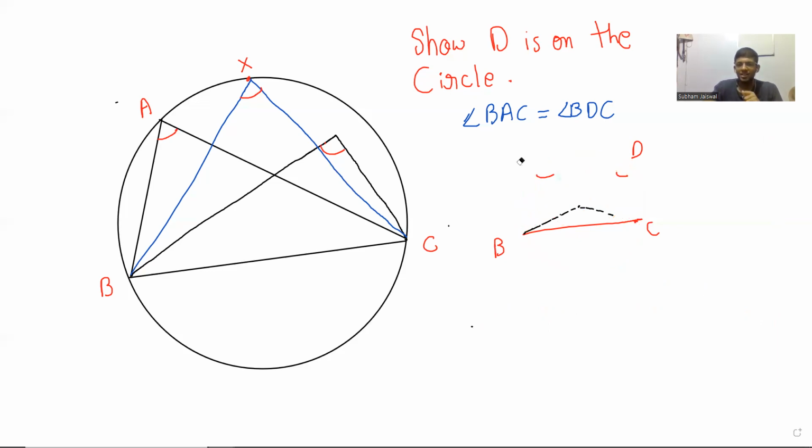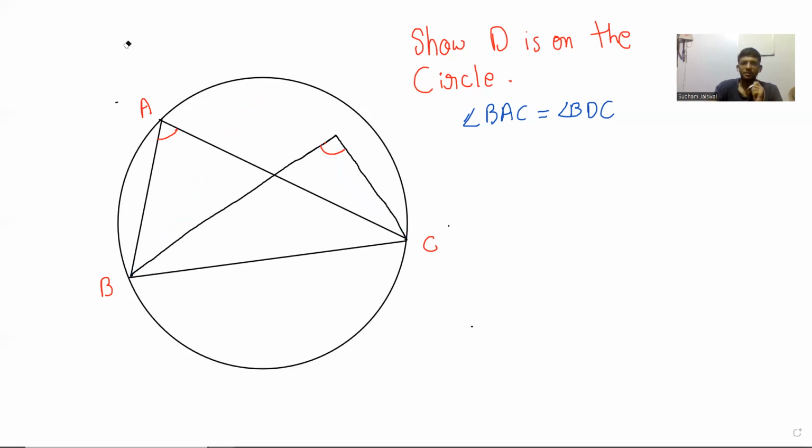But we are interested in something a little more. If this point x was on the circle, then the angles would have been the same. But I am saying the opposite of it. If the angle is the same, then it is on the circle. I am asking for the converse of the statement. If this angle is equal, then this point is on the circle. And that is the power of this result, right?